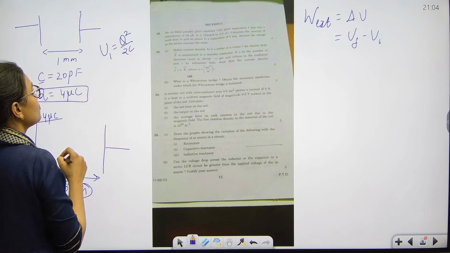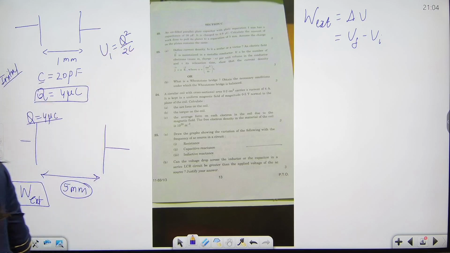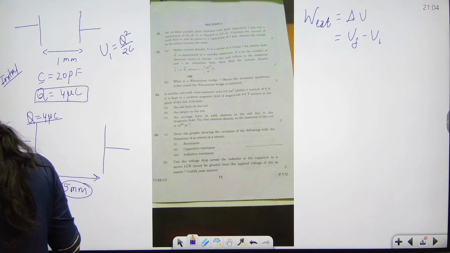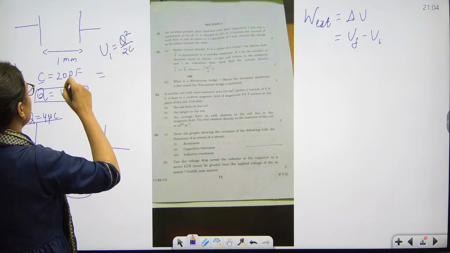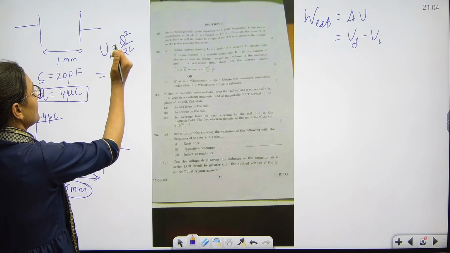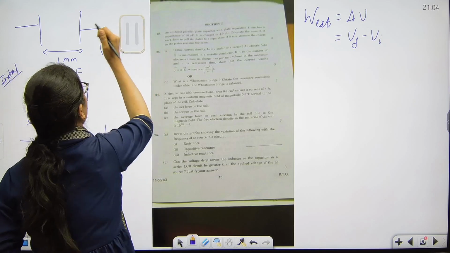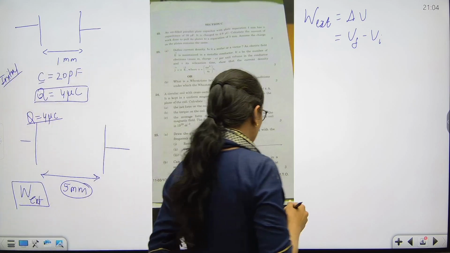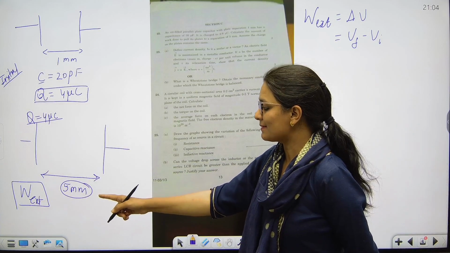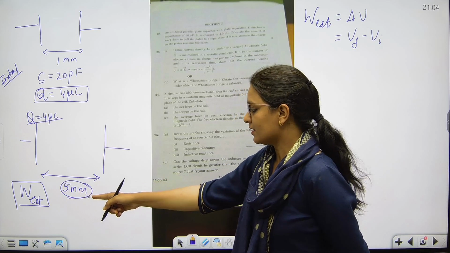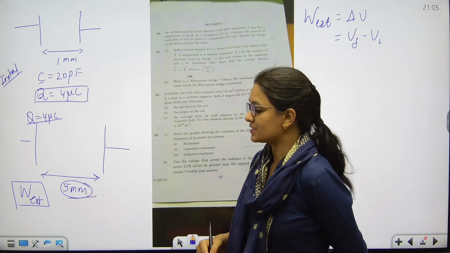Initial potential energy will be Q square divided by 2C. Let us try to find the initial potential energy, so let us put the value. Then after that we have to find the new capacitance also. In this case the area is the same, everything is the same, only the distance is changed to 5 millimeter.